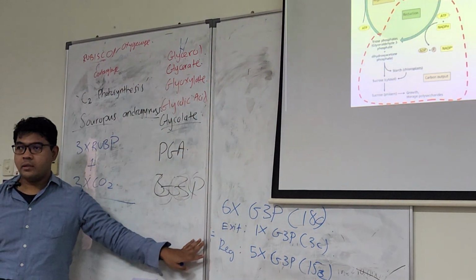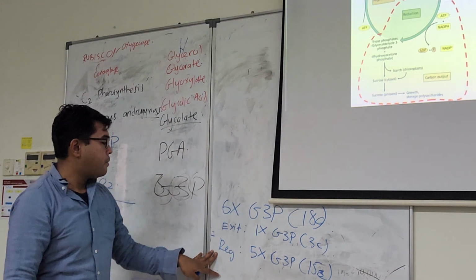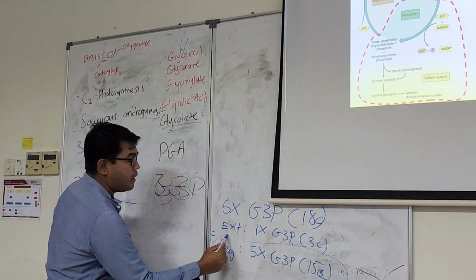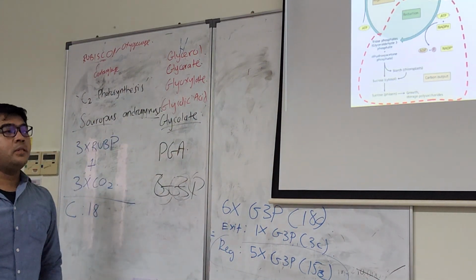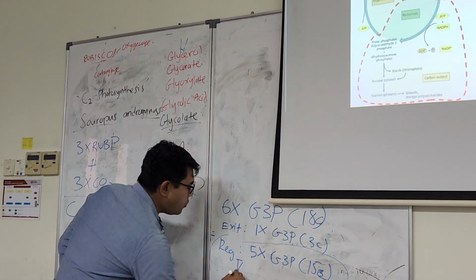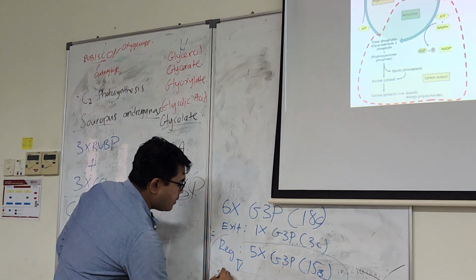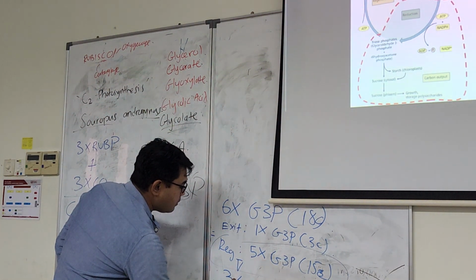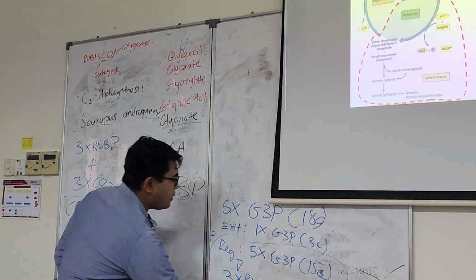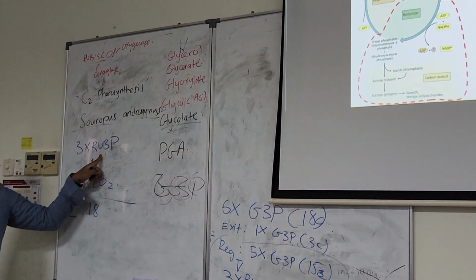Okay, this is how it works. And these 5 molecules of G3P, I think we will just stop up to this point, will continue to become only 3 molecules of RuBP. It becomes this way.